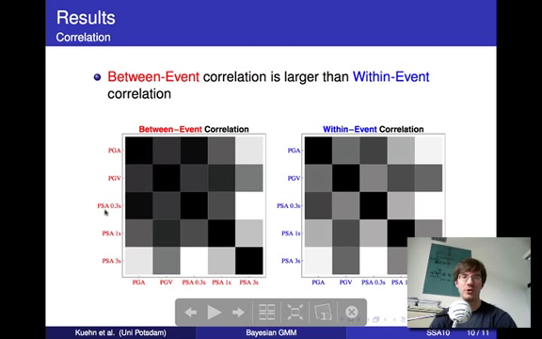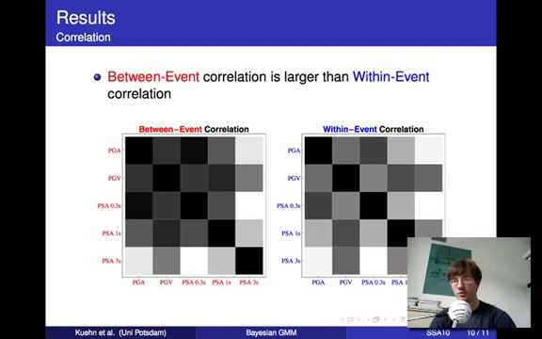On the left side, the between event correlations, on the right side, the within event correlations, color coded from light colors to dark colors. Black is actually a correlation of 1. And you can see again that the between event correlation is larger than the within event correlation.